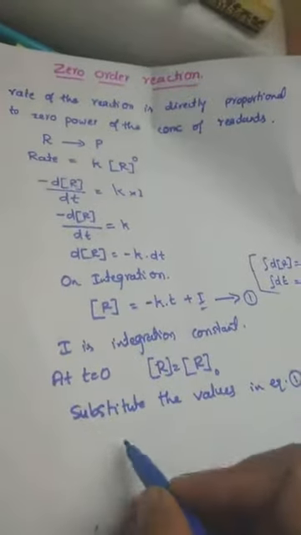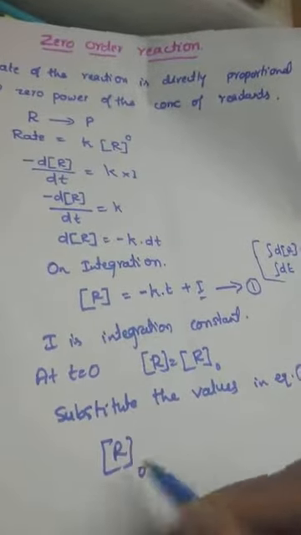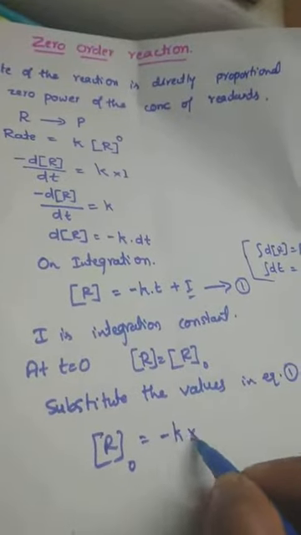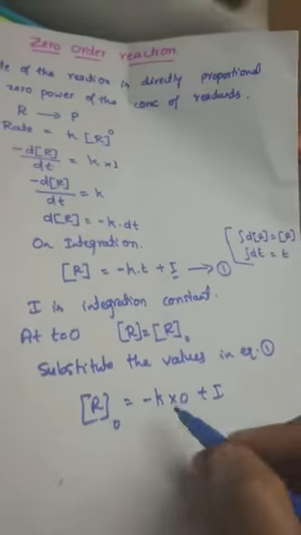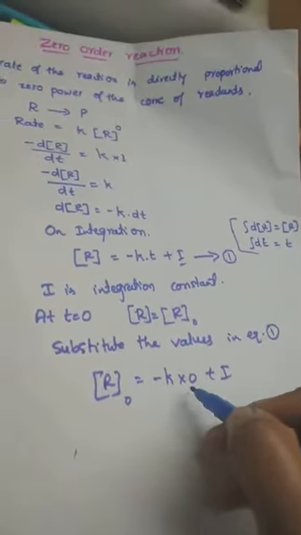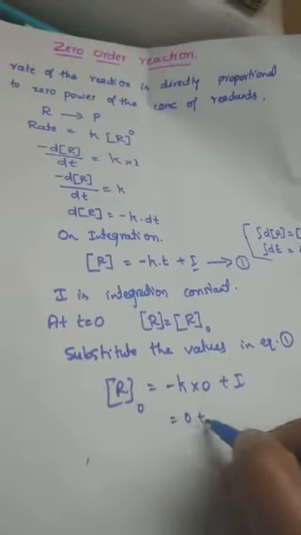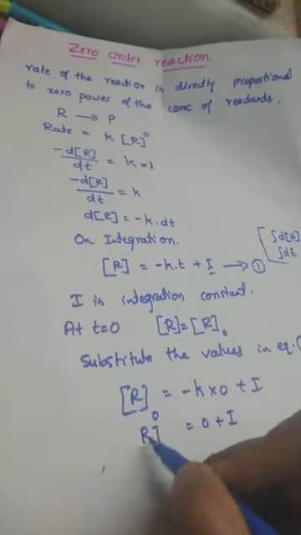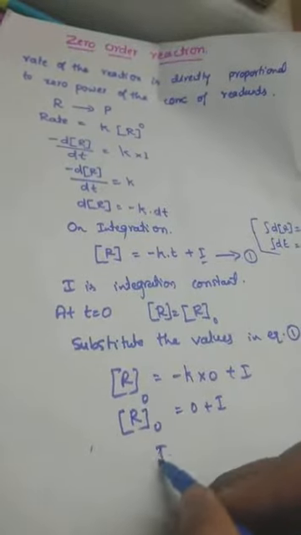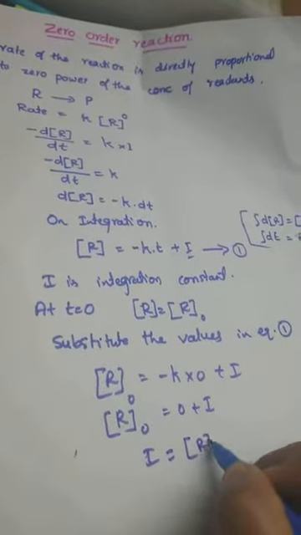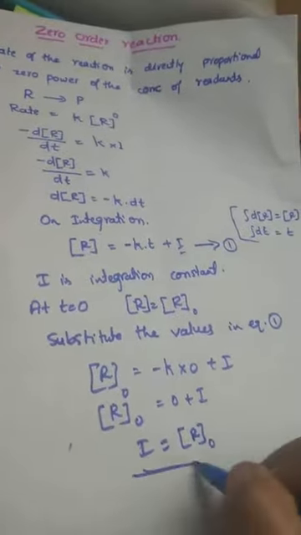So R naught equals minus K into 0 plus I. Anything multiplied by 0 is 0, plus I, as it is. So we get I is equal to R naught.